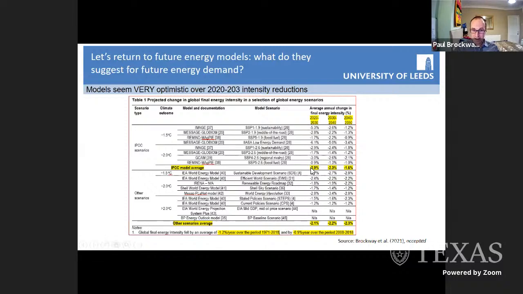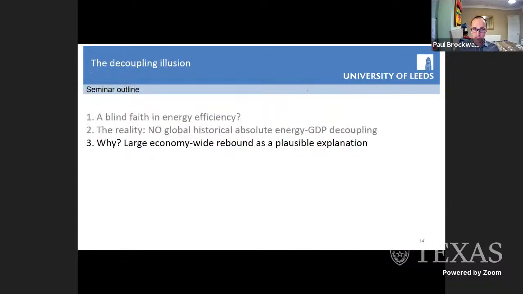And yet that's the average for every year for the whole suite of those models that are in existence. So let's just say that they are very optimistic about the intensity reductions, particularly over the next decade.